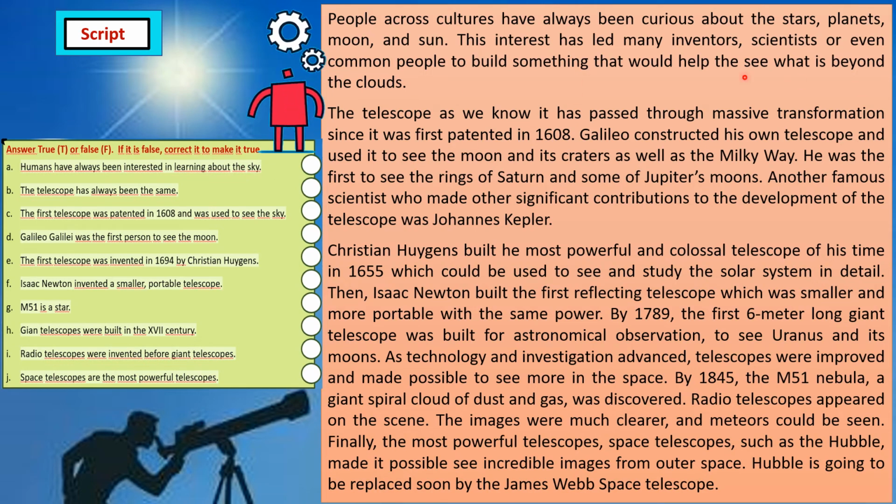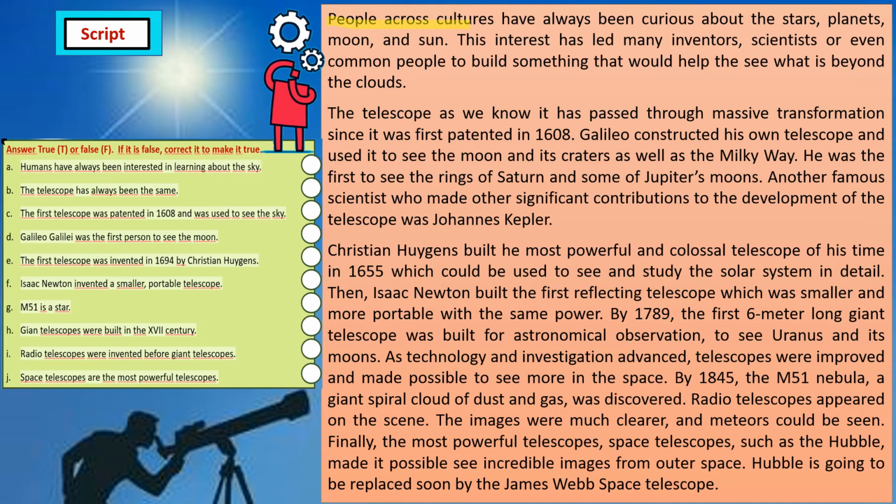In this reading, we're going to look for the information that match, that agree or disagree with this statement. So if it agrees, we're going to write down letter T because it's true. But if it disagrees, we're going to write down letter F, which is false, and then we're going to write the correct answer.